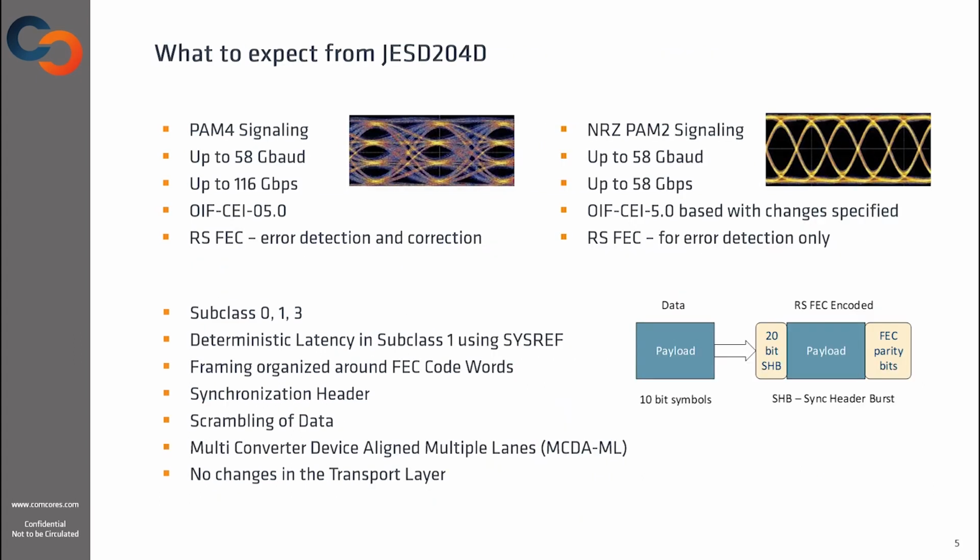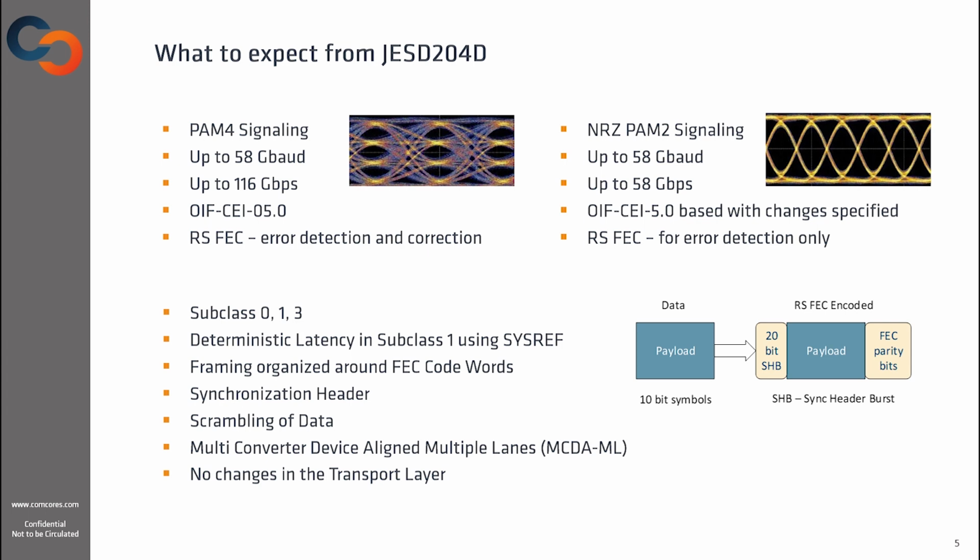Here is a brief overview of the new features to expect in JESD204D. PAM4 signaling is the new signaling, but NRZ is still there. Each will be running at 58 gigabaud, meaning 116 gigabits per second in PAM4 and 58 gigabits per second in NRZ, or what we would call also PAM2.